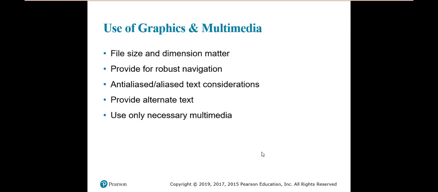When you're writing any content or adding any text images, you should always use anti-alias text. You should provide the alternate text, like if you're adding any image using the img element in HTML, then you should always provide the alt tag, the alternate name of that image, right?